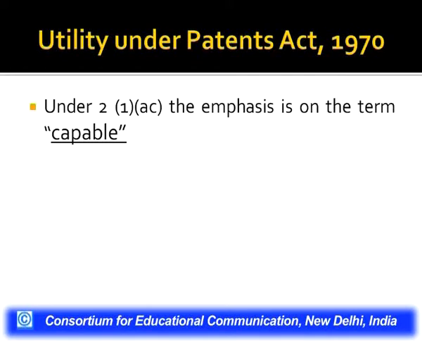When we say the word capable, what we understand by the use of the word capable with the industrial application is a simple notion, which is as follows. Friends, when a person seeks a patent protection, he has to fulfill the requirement of utility as a substantive requirement for obtaining the patent.